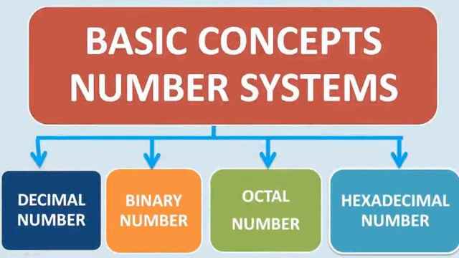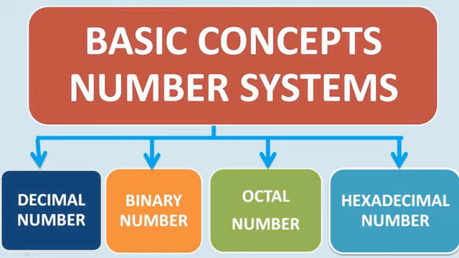In this first chapter, you have to study different types of number systems, their different types of operations like number conversion, then algebraic operations, Boolean laws, addition, subtraction, etc.